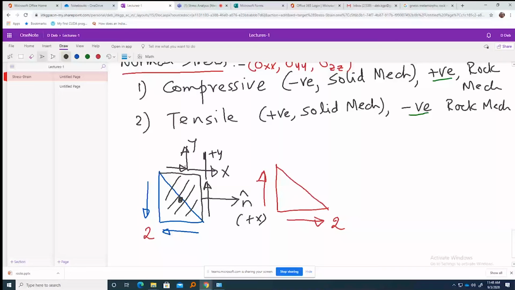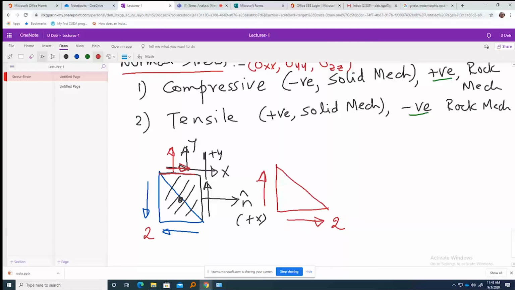Similarly, you can see this one and the top one, I changed the color so you will be able to see. This one is acting towards positive x, and the outward normal of that plane is also acting towards positive. So this shear stress is also positive. Now what about this one?